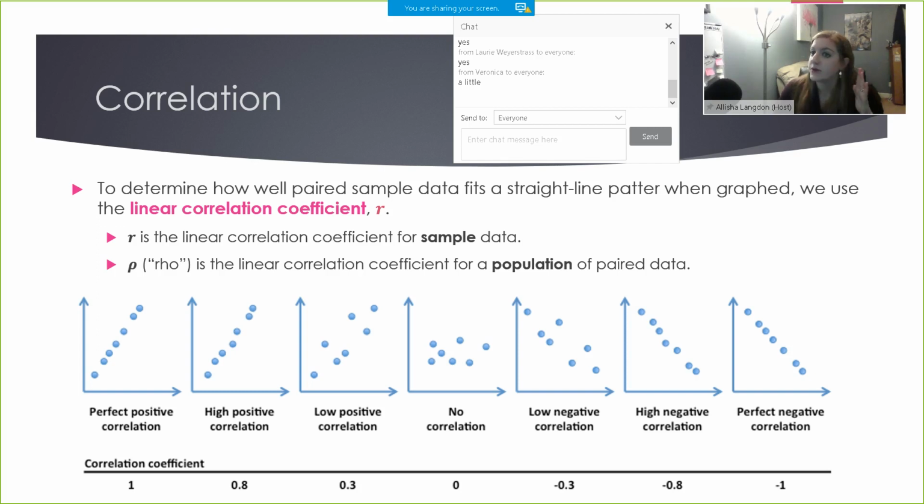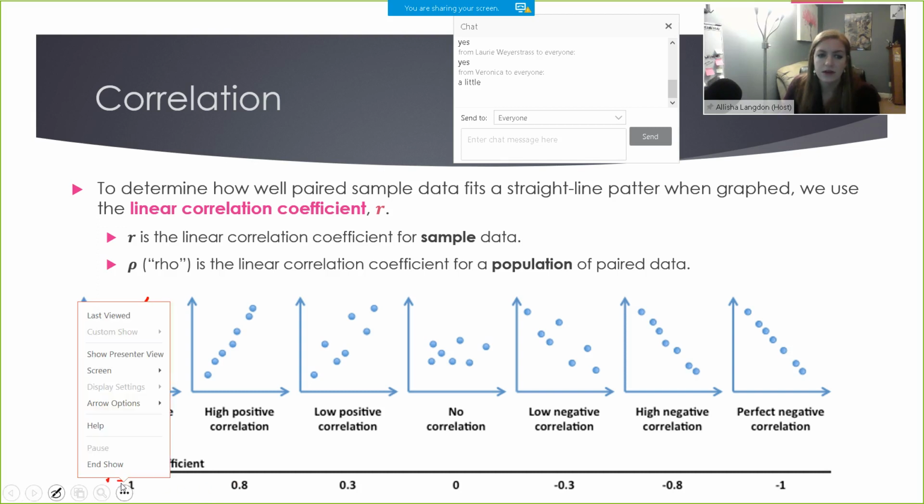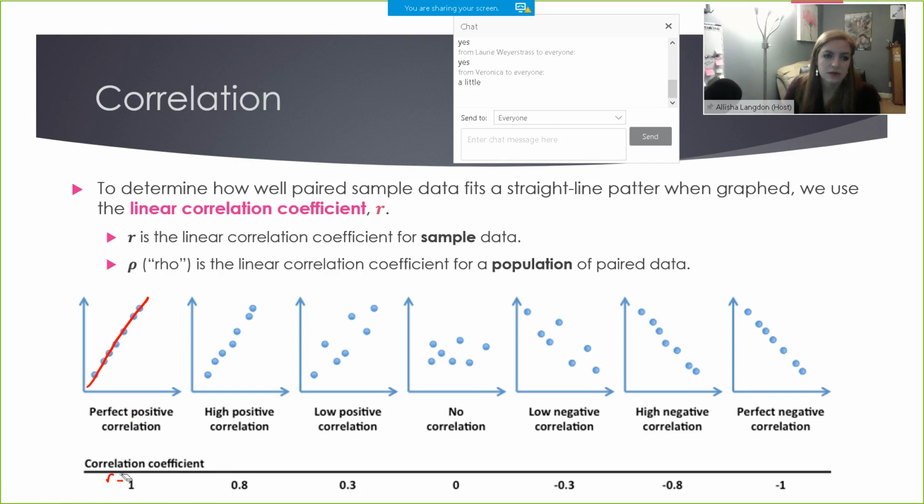If you get an R value of 1, that means you've got a perfectly straight positive line. Look at how that data fits and creates this amazing straight line. That's going to be an R of 1.